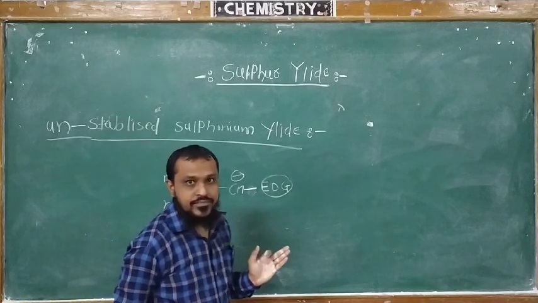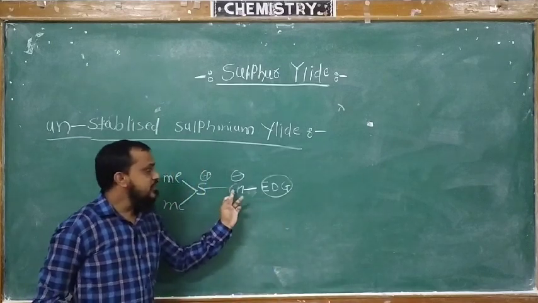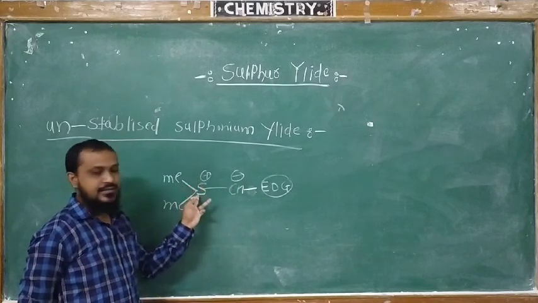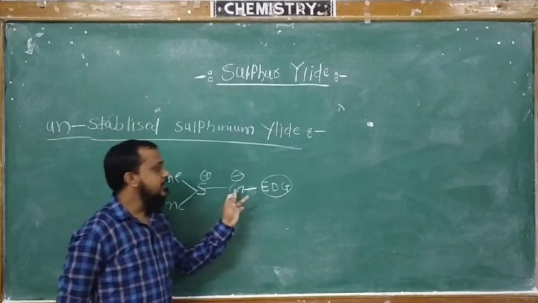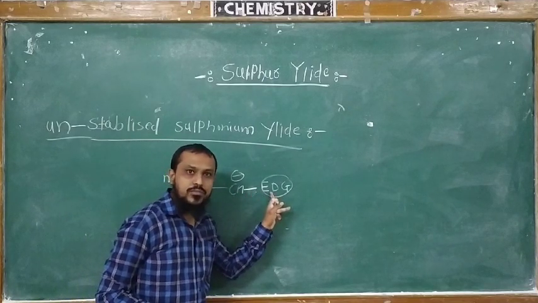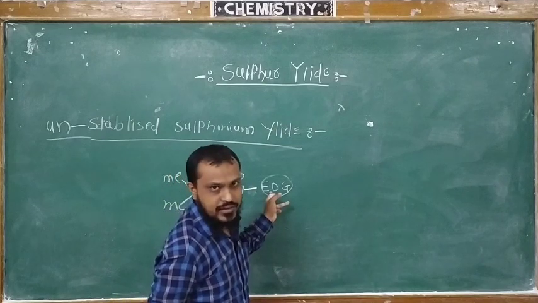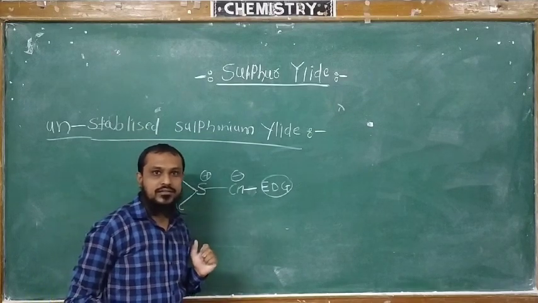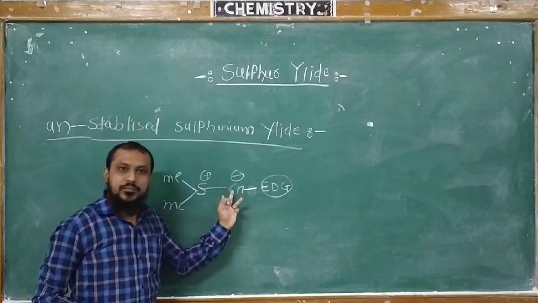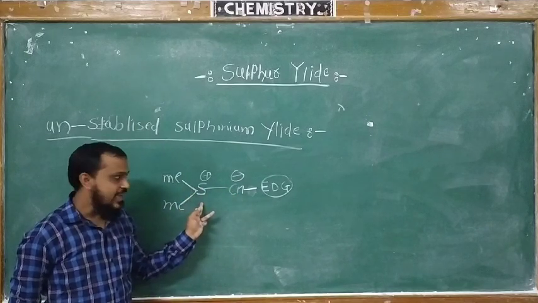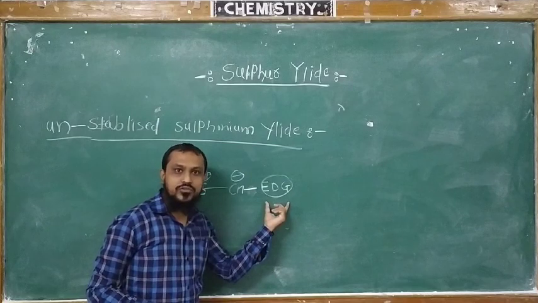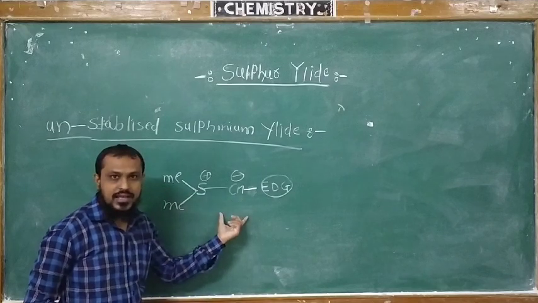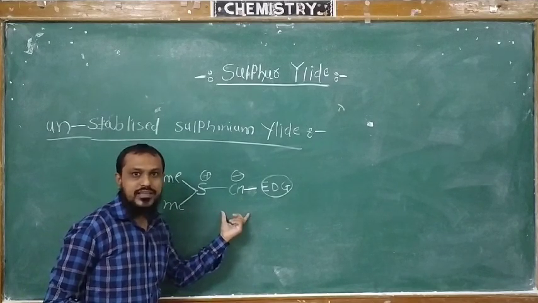So how to define it? When the negatively charged carbon or nucleophilic carbon atom of sulfonium ylide is attached with an electron donating group by resonance and inductive effect, then it is called unstabilized sulfonium ylide.